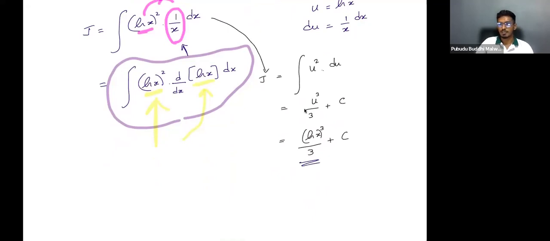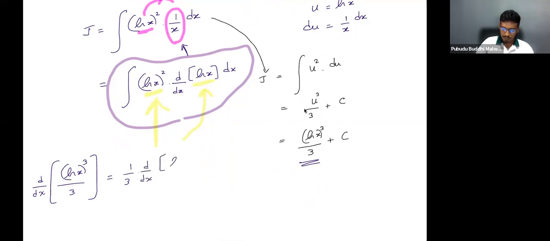Don't worry about c because the derivative of c is 0. So I'm going to differentiate natural log of x to the power of 3 over 3. You can take 1 over 3 out. Then I think we can apply the chain rule because this is a composite function.